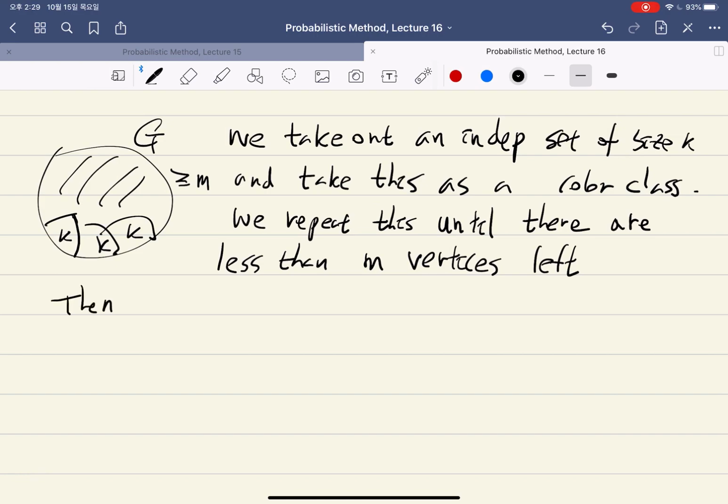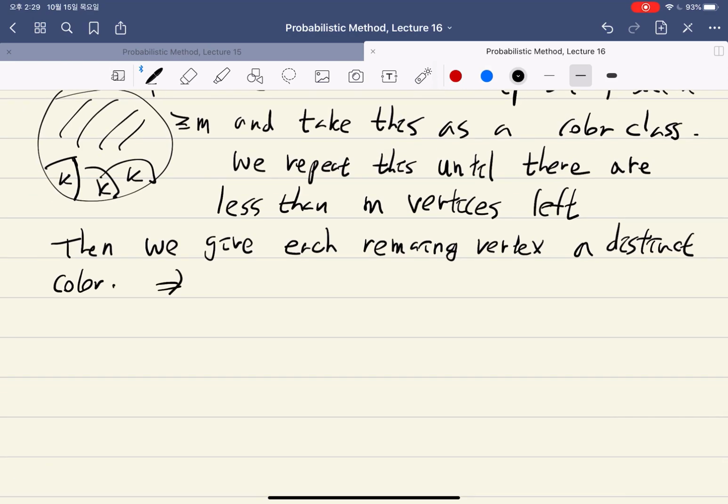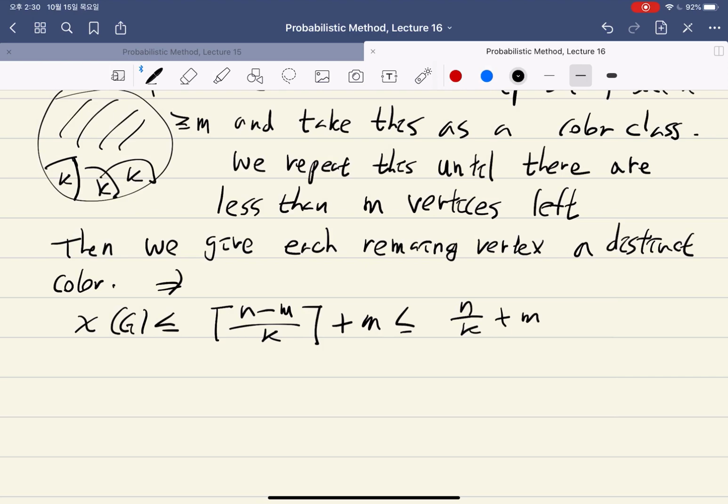At the end, we give each remaining vertex a distinct color. Then the number of color classes we get is (n minus m) over k plus m, which is at most n over k plus m.